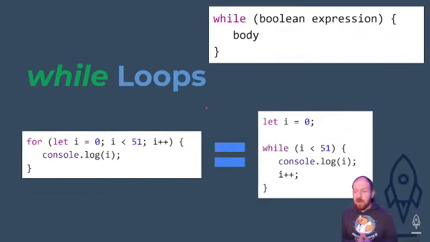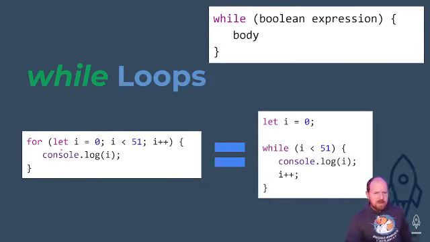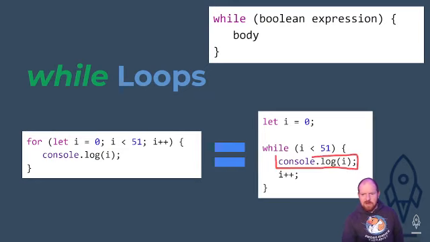So the while loop. These are in the book, so let's go over these. The while loop. This is your for loop. These can be used for the same purposes. So this example here is the same thing. If you see the console log, this is the actual execution of code that's going on.